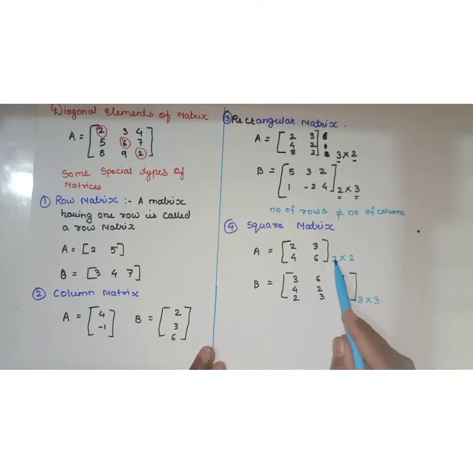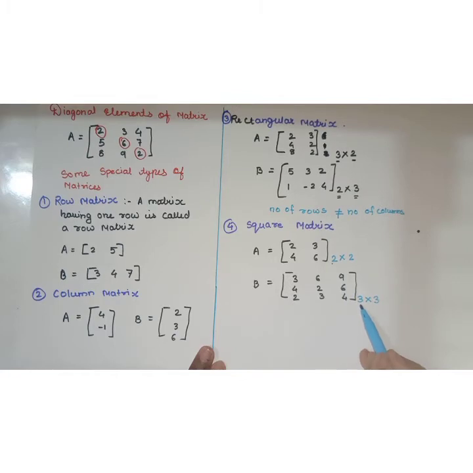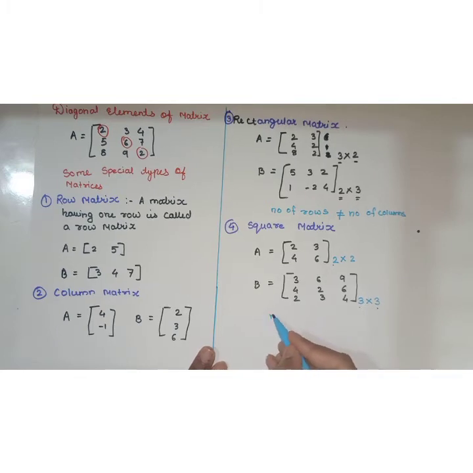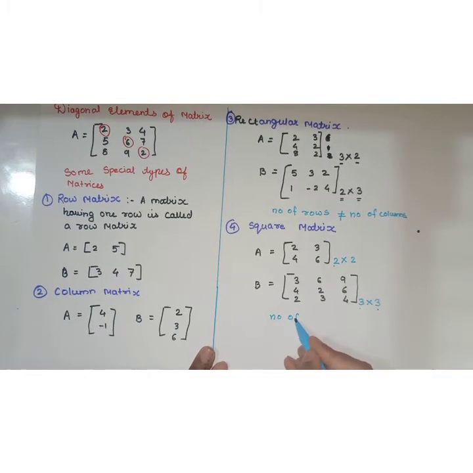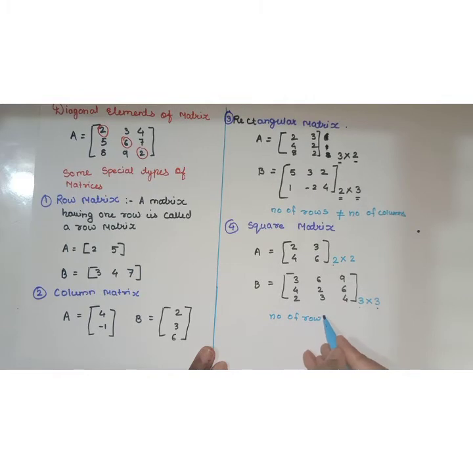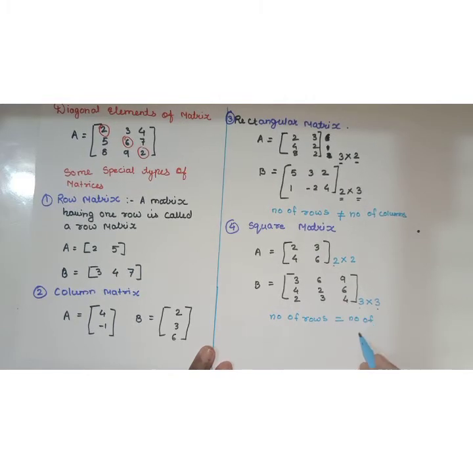So when the number of rows is equal to the number of columns, then such a matrix we call a square matrix.